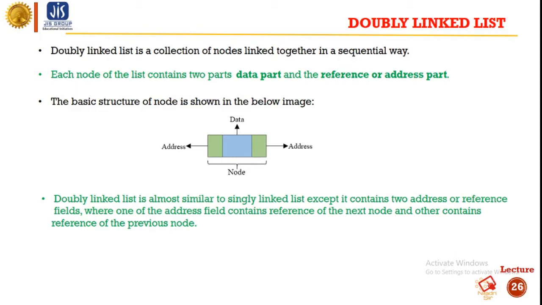But in case of a doubly linked list, the node also holds the address of the previous node and also the address of the next node. One address field contains the reference of the next node and the other contains the reference of the previous node.